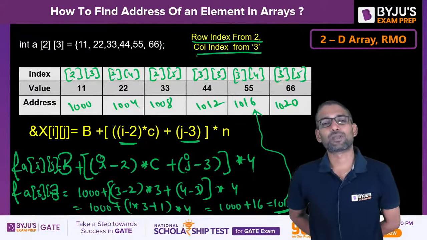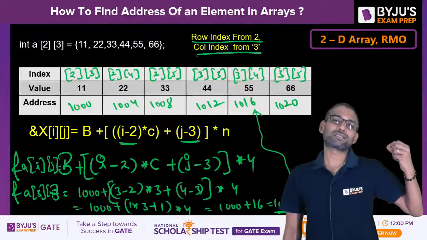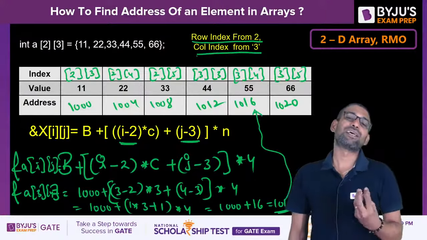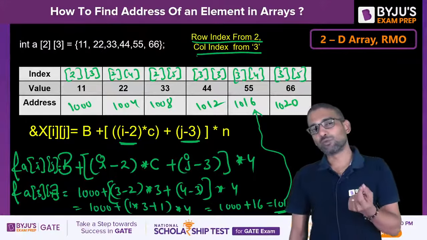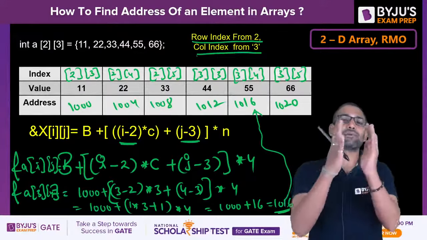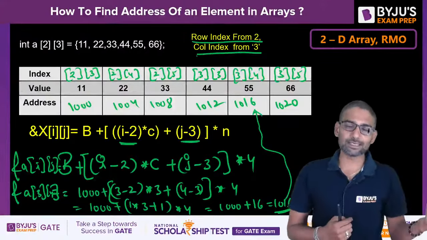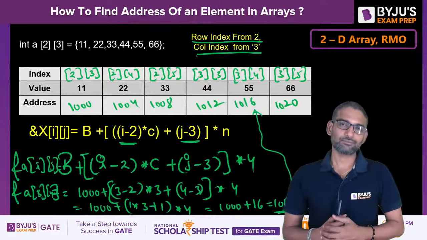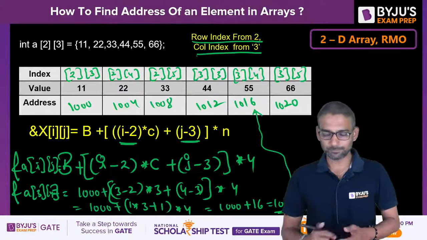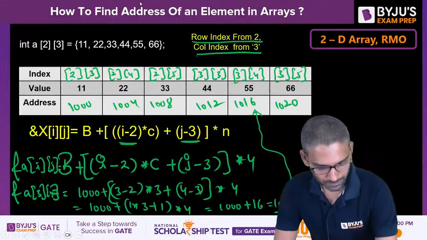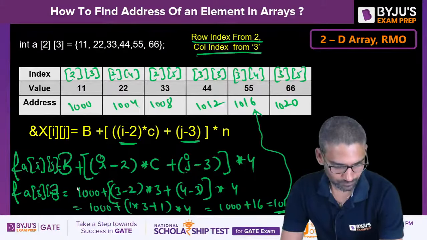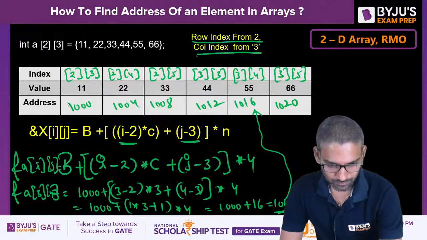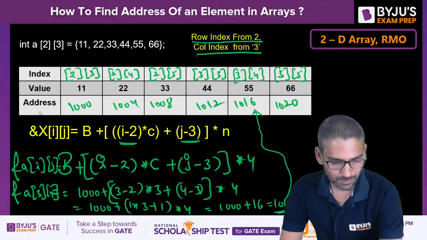Arif Sheikh, very simple. With what starting number, like you say lower bound, with what number you are starting, that number you subtract from the row index and column index. Okay.